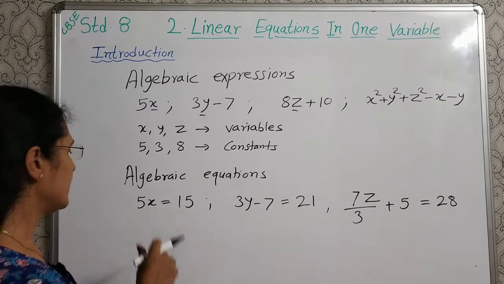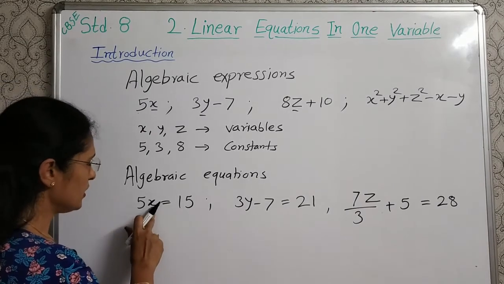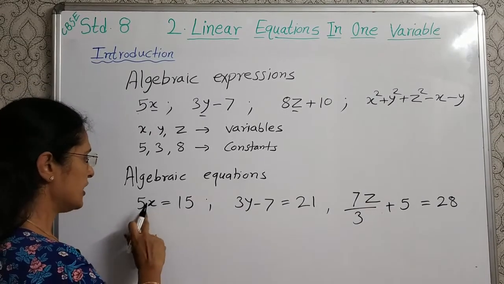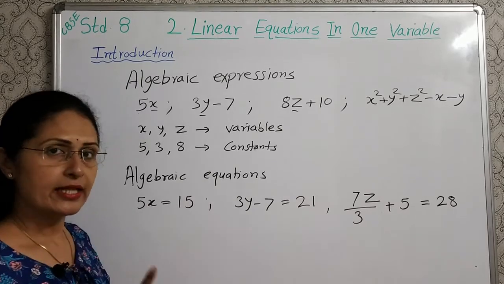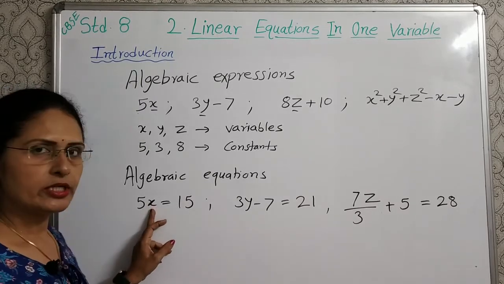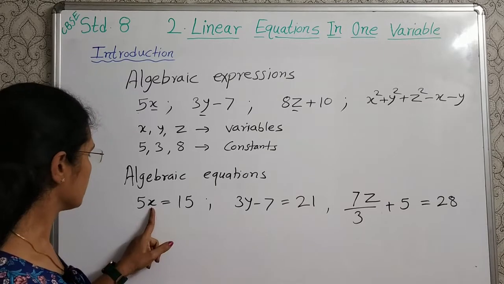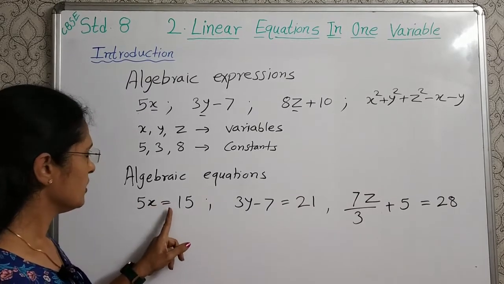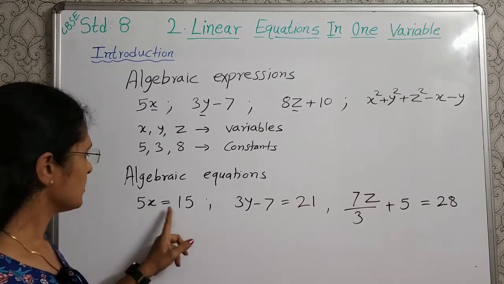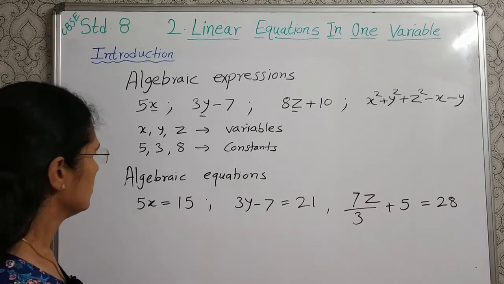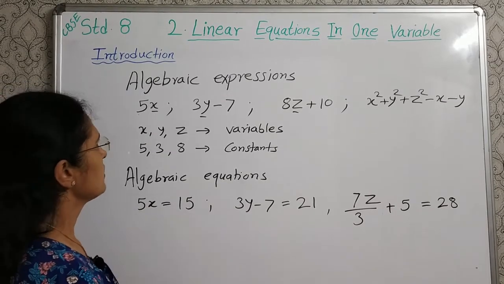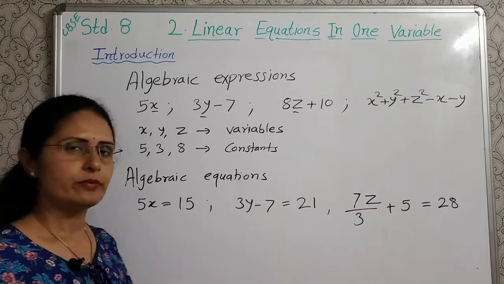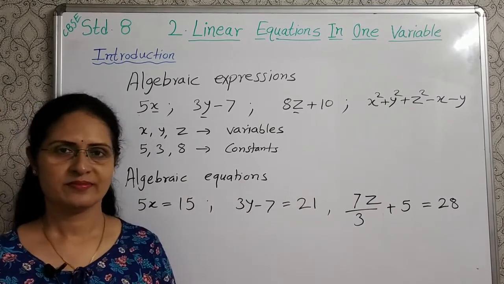So if I take here 3, 5 into 3 will be 15. So LHS will be equal to RHS in that case only if we substitute 3 for x. So 5 into 3 is equal to 15, and then LHS is equal to RHS. So this is about algebraic expressions and algebraic equations.